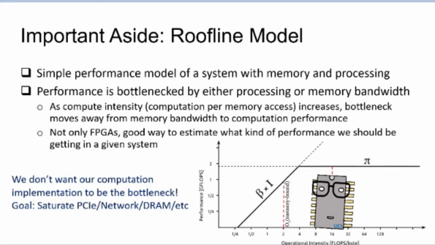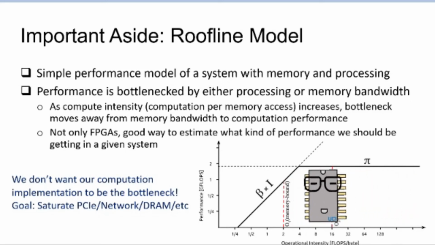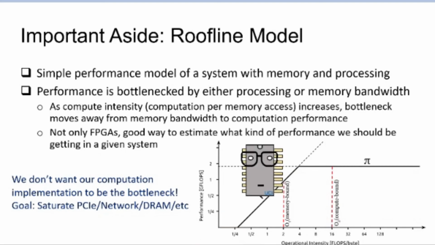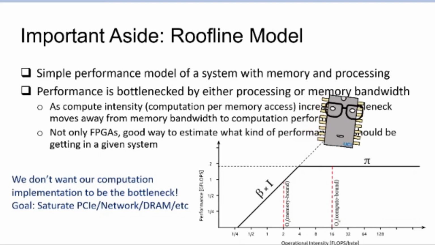At which point it doesn't matter if you have higher performance, you will be bottlenecked by the memory. So that's another way of looking at this chart. Of course, the labels have to change, so we're not looking at the same chart, but that's one way the roofline model is actually expressed as well.